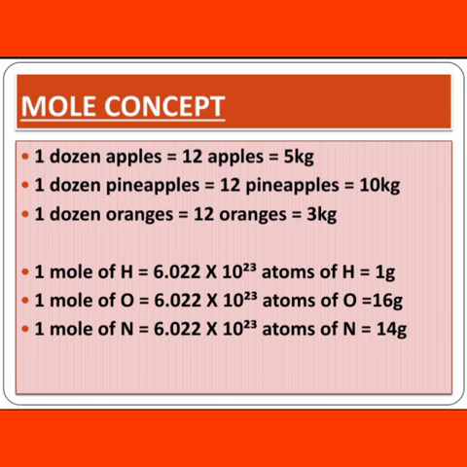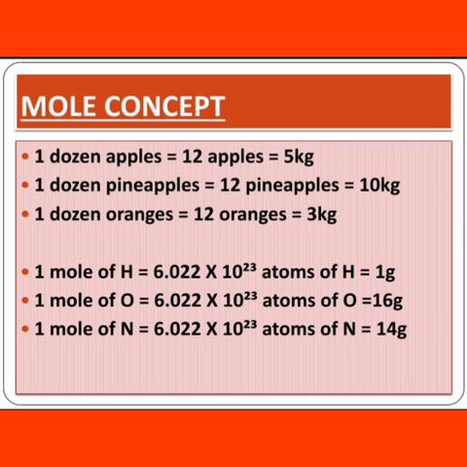The mass of individual fruits in the form of a dozen is different, right? In the same way, if you take 1 mole of hydrogen, you have a constant value, that is 6.022 into 10 to the power 23 atoms of hydrogen. So what is the mass of hydrogen?